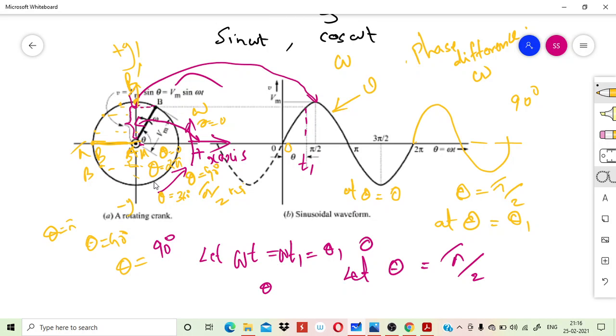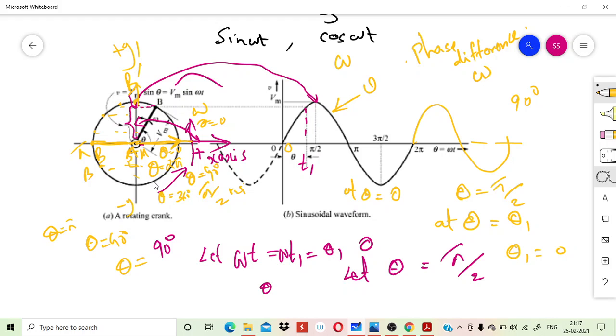For example, let theta 1 equal to 0. At theta 1 equal to 0, the sine function starts from the positive x-axis, like this.